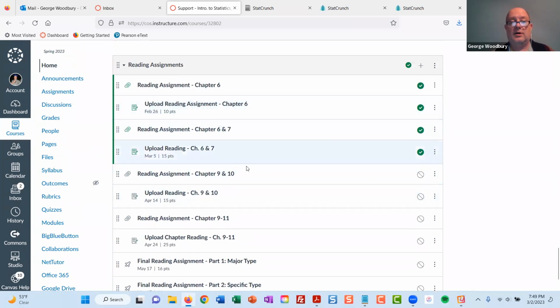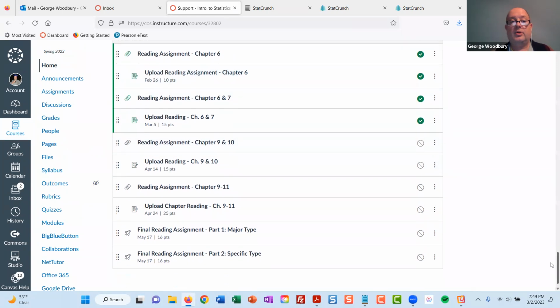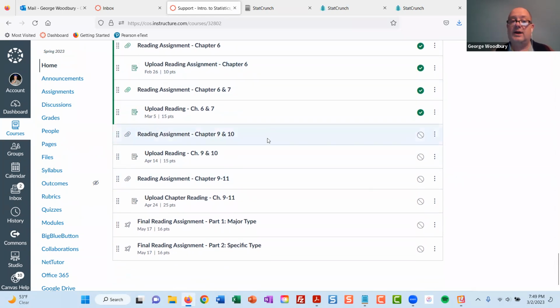Now, notice that the second one is up and posted. There are 3 more to go. We'll do one after chapter 10, one after chapter 11, and one right before the final. So there's 3 more to go after that, but that's basically the math part of that class is gone. The only thing that's going to remain are the study skills, discussion boards, and those reading assignments.